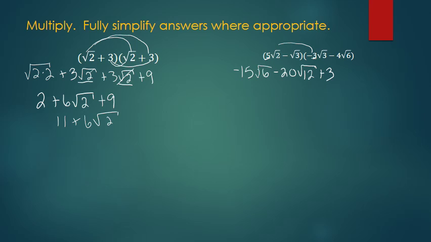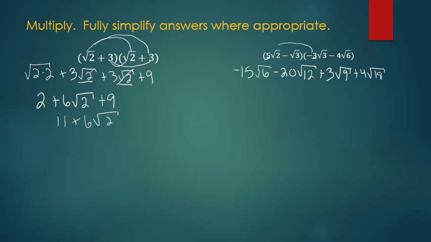And then I have the square root of 3 times the square root of 3, which is the square root of 9. And then I have negative square root of 3 times negative 4 times root 6. So here I have negative 1 times negative 4, which is plus 4, square root 3 times 6, which is 18.